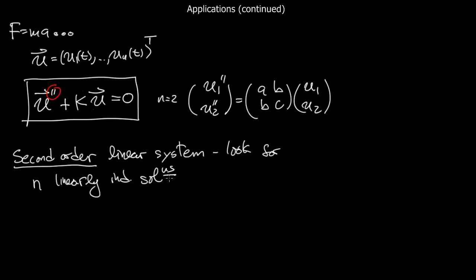Let's go back and look at the case when n is equal to 1 to remind ourselves how that worked. So we have this vector equation like this, and when you set n equal to 1, you have this equation, and I've taken m equal to 1 here.